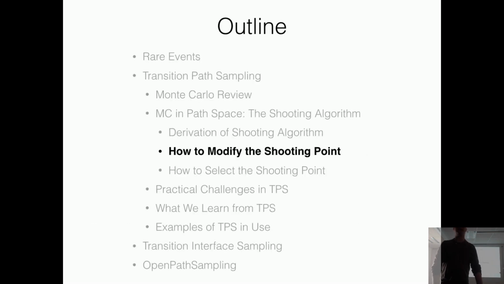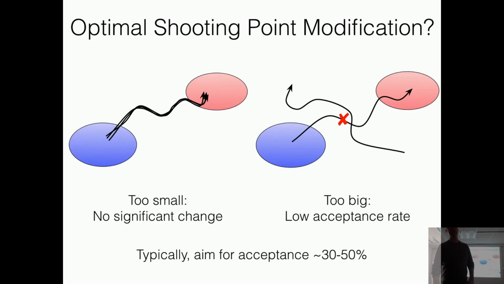So now let's talk more about how to modify the shooting point. The issue here is the same with any Monte Carlo. You want an acceptance ratio that's usually a 30 to 50% rate. If you make too small of a modification, then you may not see much of a significant change, and you get the same trajectory back every time. That doesn't give you much information. If it's too big, then you're going to reject it every time.